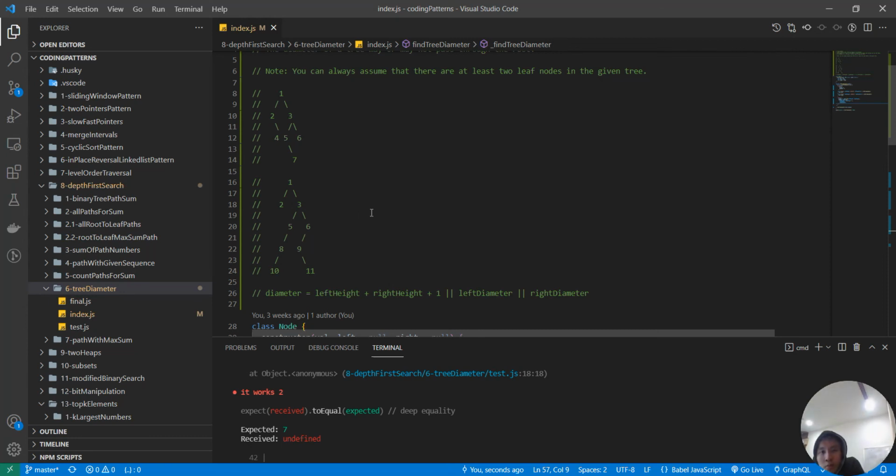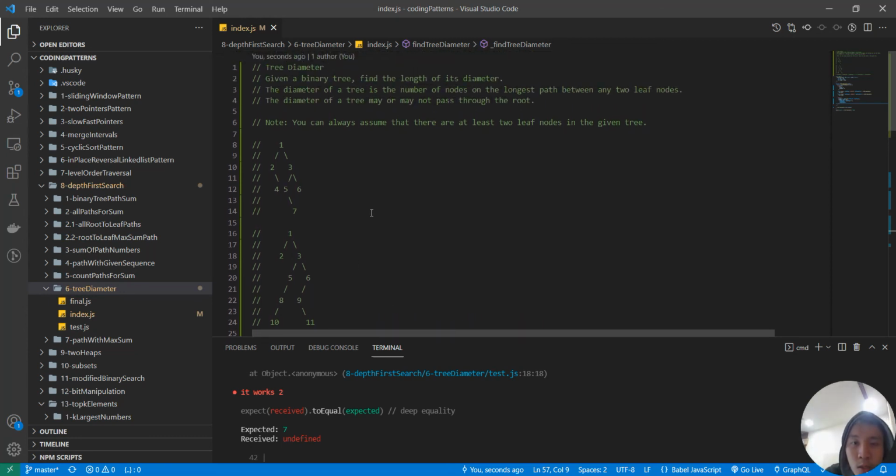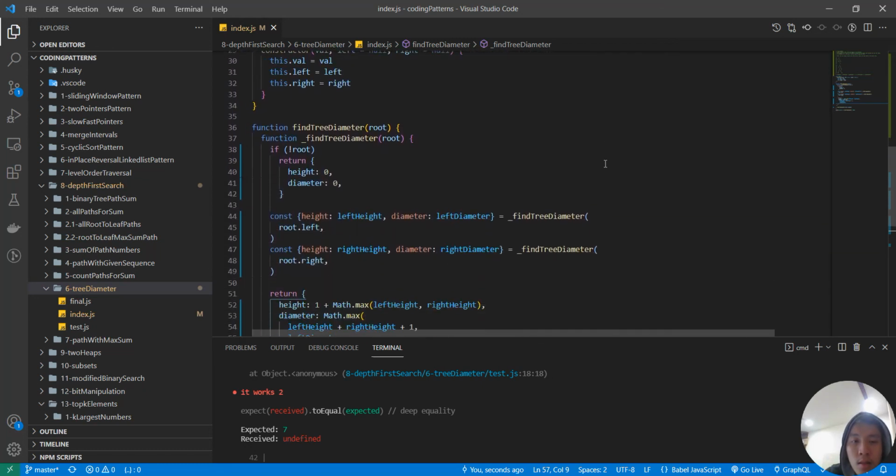Because probably here we assume that there are two leaf nodes in the tree, so we're probably gonna stop when we reach the leaf node.